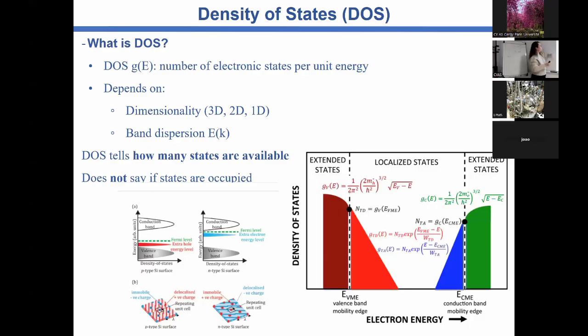And this will give us the band dispersion, where we can see, for instance, the energies that are allowed in the material. But the density of states does not tell how many states are available, because this we can only know by knowing the number of electrons of the material and following the Fermi distribution, which is similar to what we do with the Pauli distribution.